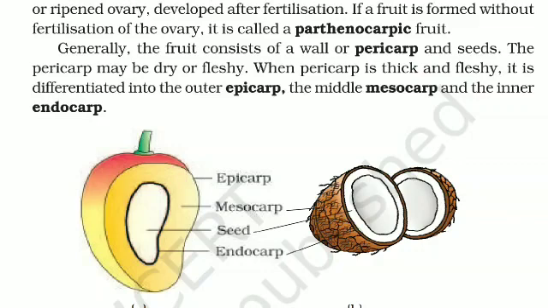So what you are eating when you are eating a mango is the mesocarp. And coconut is also like the mango, because they are known as a drupe, but in coconut the mesocarp is not so fleshy, rather it is fibrous. Okay, so this is the difference.